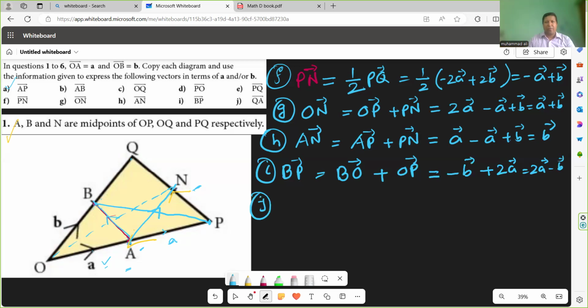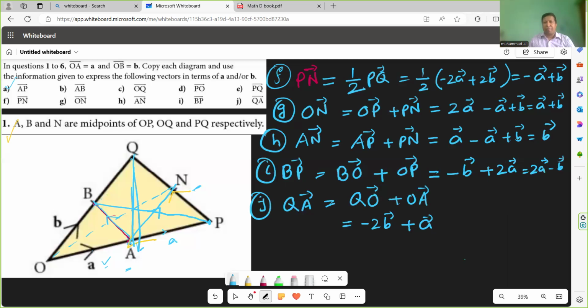And J, QA vector. QA vector means QO plus OA vector. QO equals minus 2B and OA equals A vector.